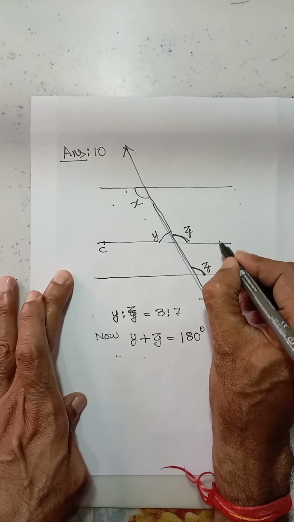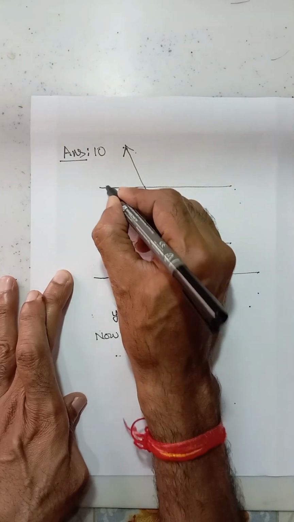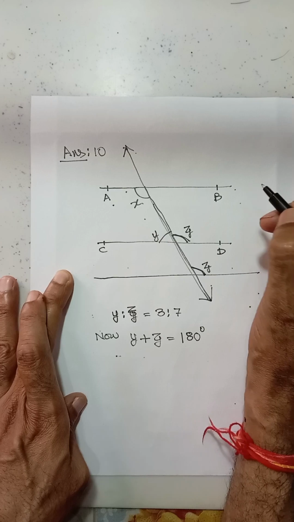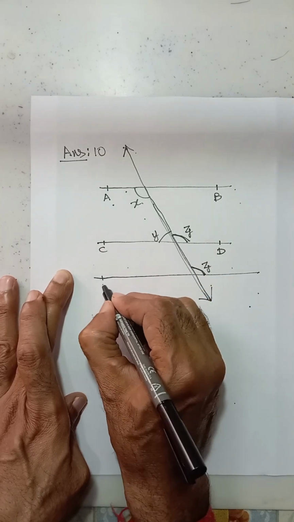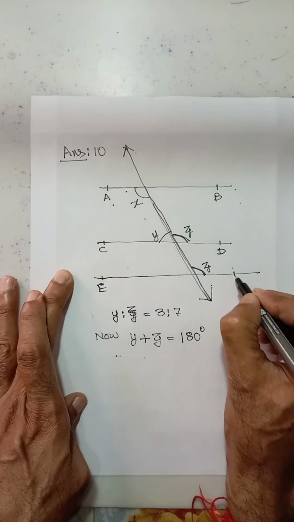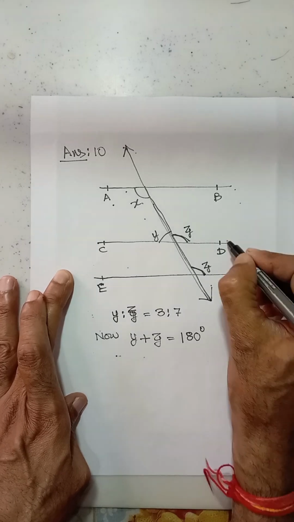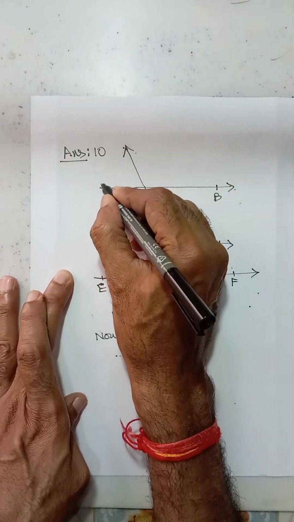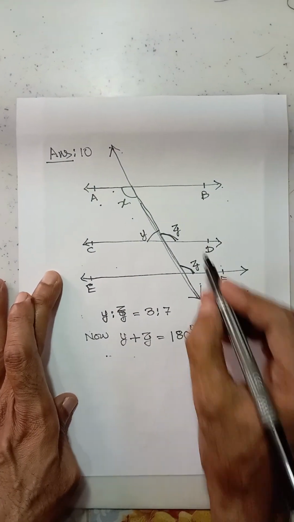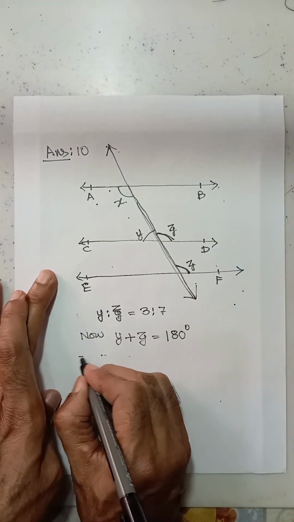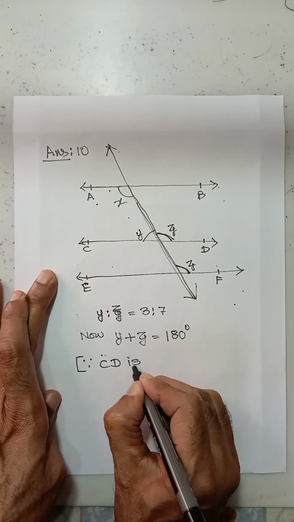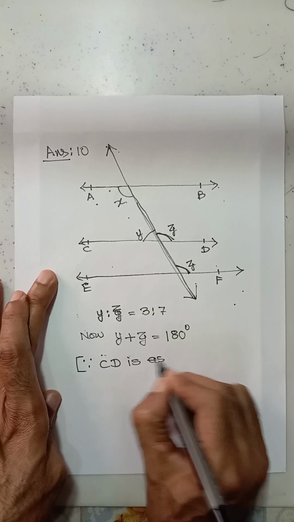Here it is C, here it is D, here it is A, here it is B, here it is E, here it is F. So Y plus Z is equal to 180 degrees, because CD is a straight line.